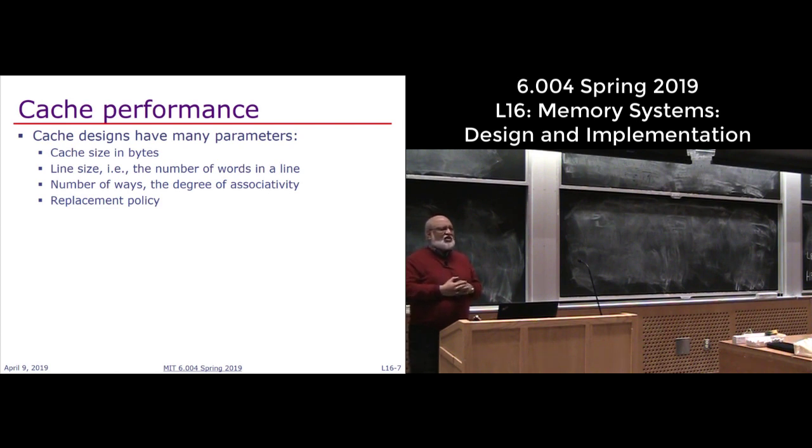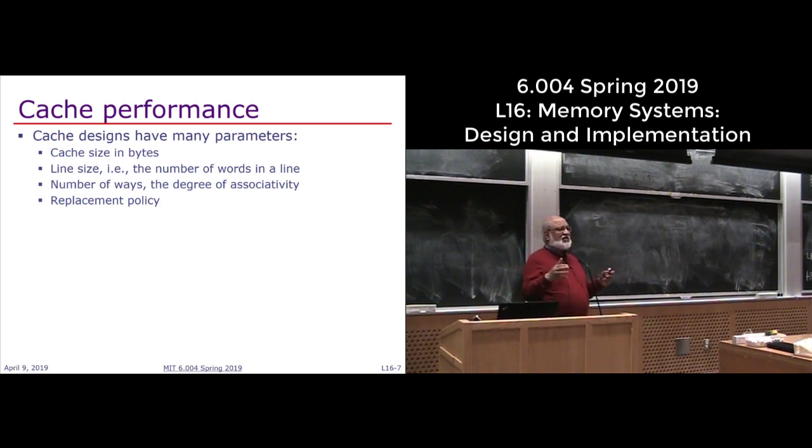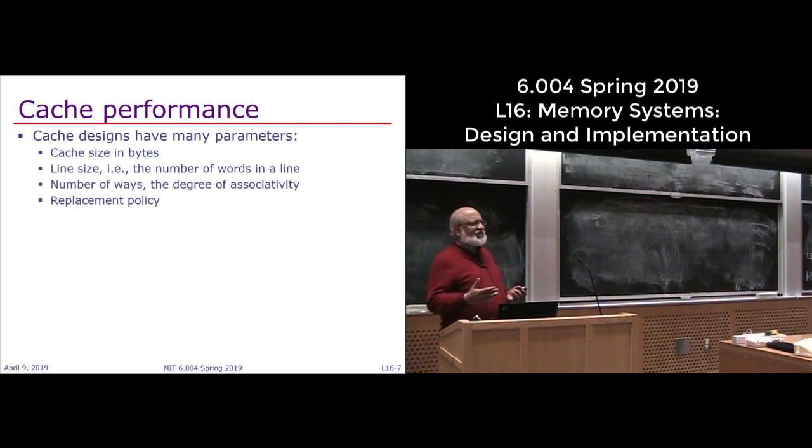If you do not refer to too many things in the spatial locality sense in the neighborhood of an address, then it doesn't make sense to have large cache lines. On the other hand, if you say, my gosh, my program is totally sequential, or my data accesses are totally sequential, then it will make sense to have a large cache line. So cache line size is a very, very important parameter, right? And almost all caches use at least 4 words in their cache line.